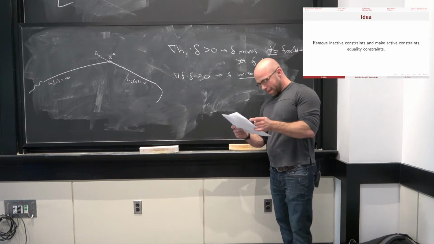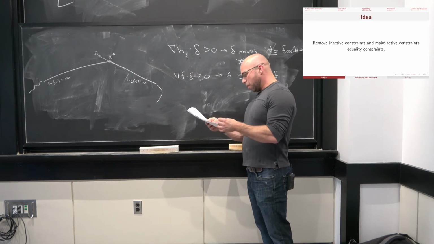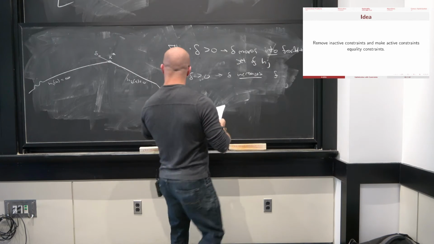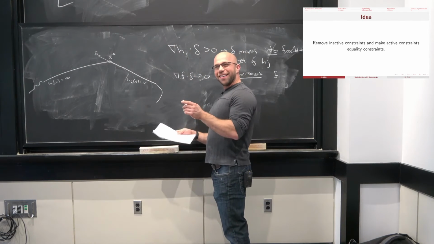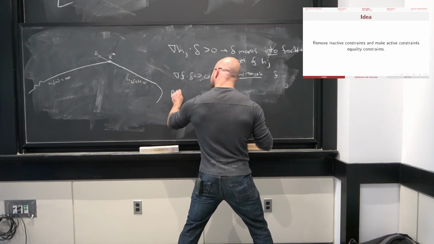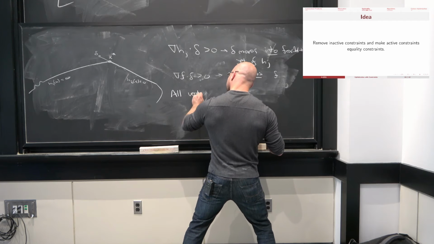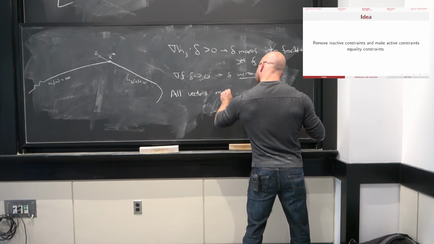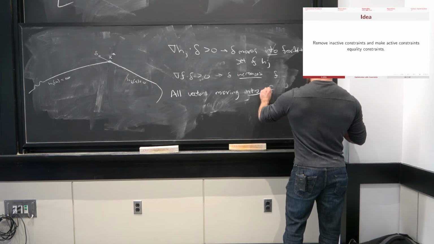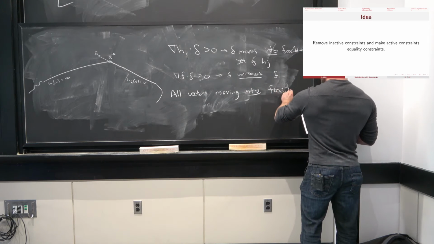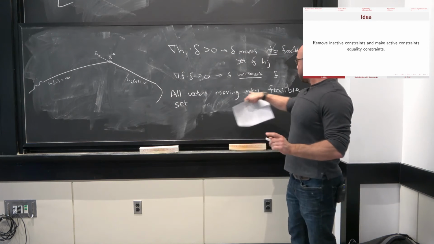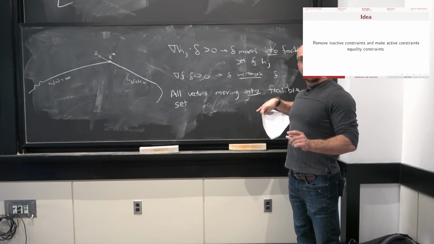Okay. So, what do we want? I'm going to write it in words first, and we're going to translate it into math, because that's what I did in my notes, and it helped me. We're going to say that all vectors moving into the feasible set, so if you move into the feasible set, what must happen to our value of f?